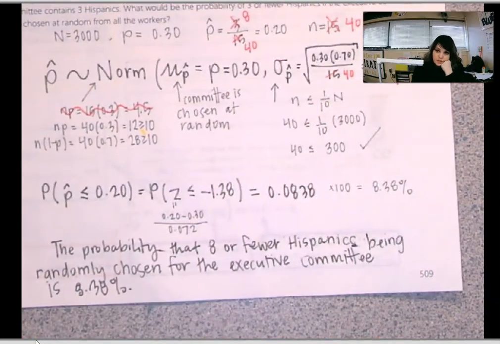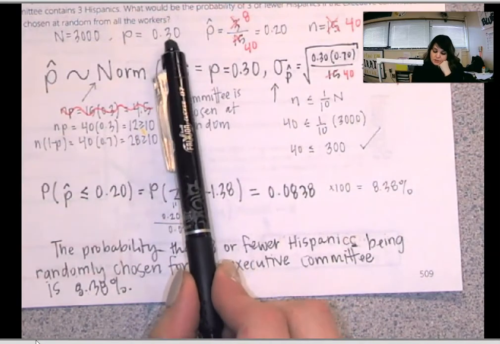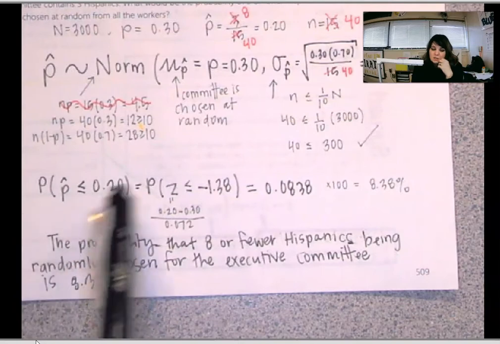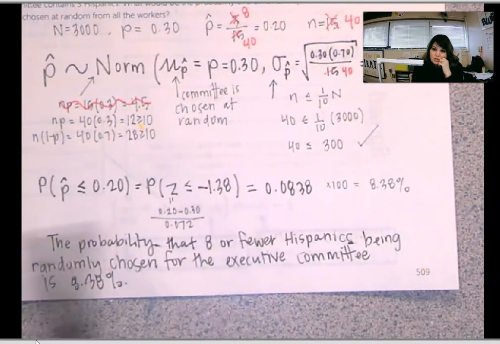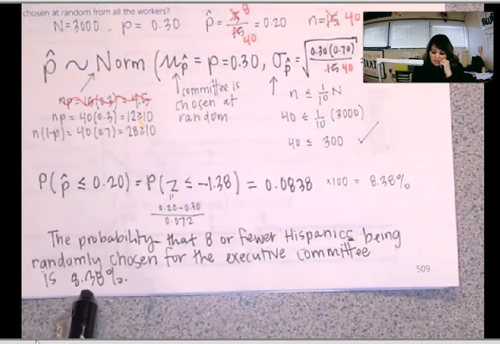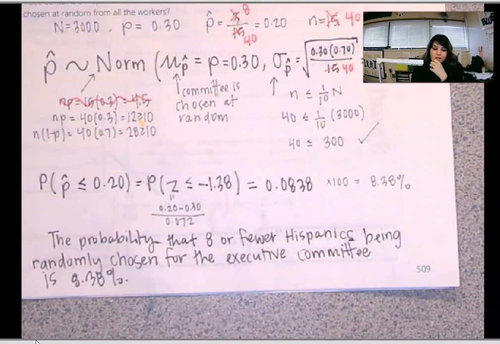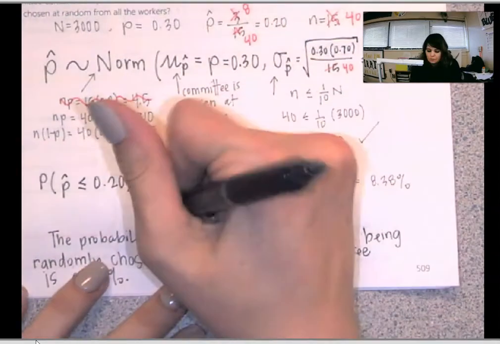It's not unreasonable that even though the population is 30%, that if you randomly chose the committee, you might get a proportion as low as 20%. I mean, it's not very likely, but it's not impossible. So the probability that 8 or fewer Hispanics being randomly chosen, so that shouldn't say that, the probability of.